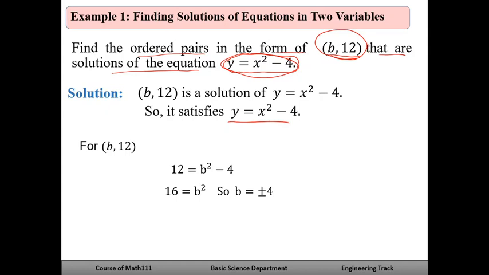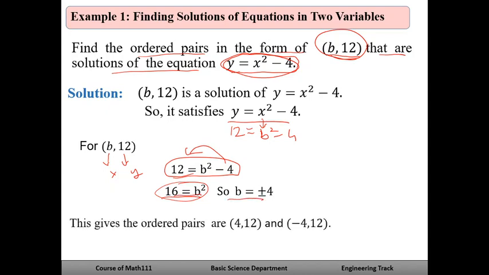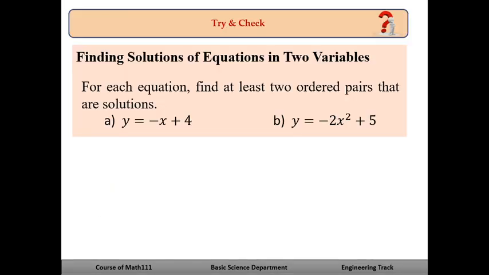So 12 is equal to b squared minus 4. Then we will solve it for b. When you move it to the other side and solve it, you will get two values of b, 4 and minus 4. So these two pairs, (4, 12) and (-4, 12), are the solutions of the equation.